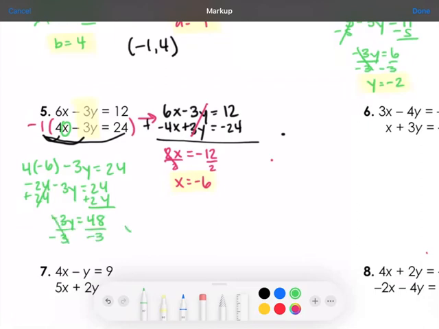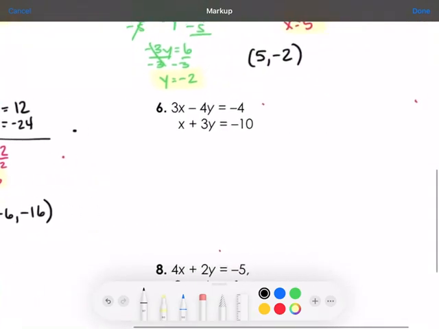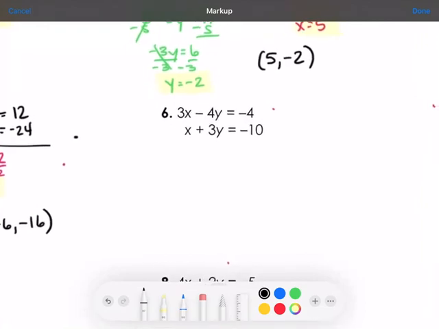Divide by -3, and I get y equals -16. All right, so my final answer here is -6 comma -16.